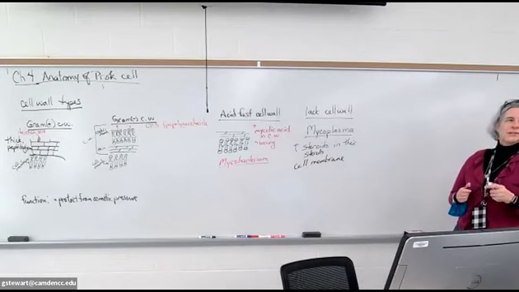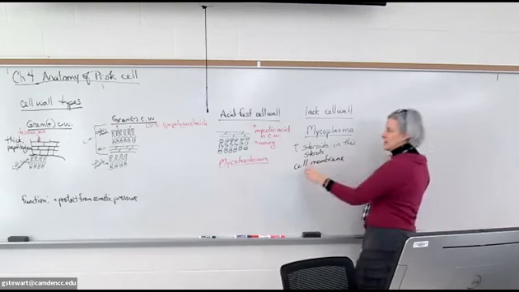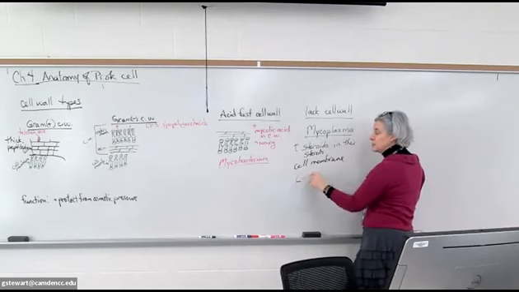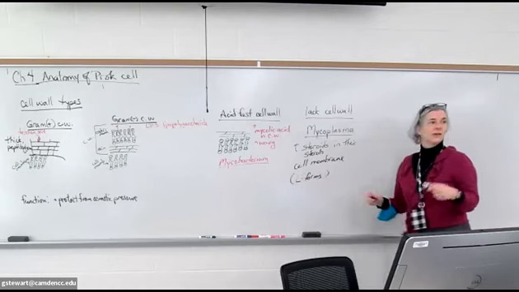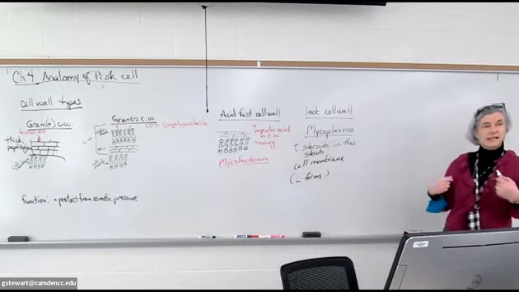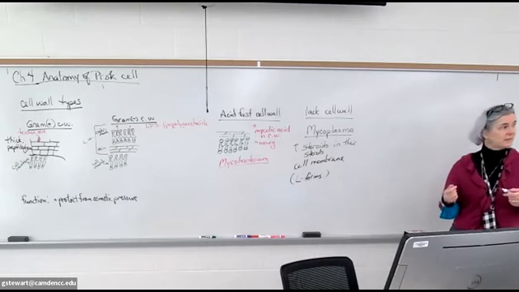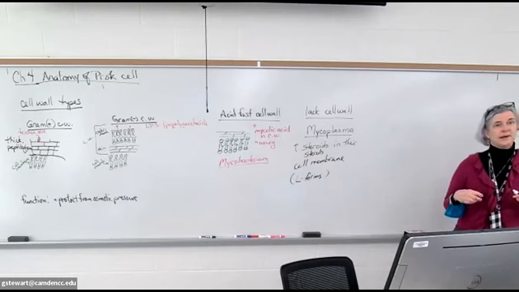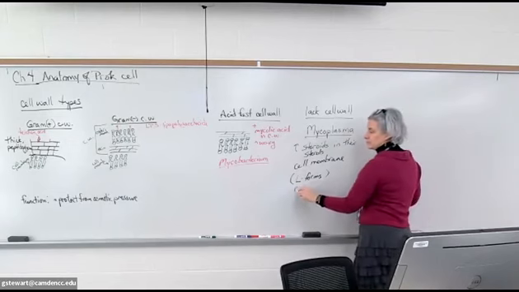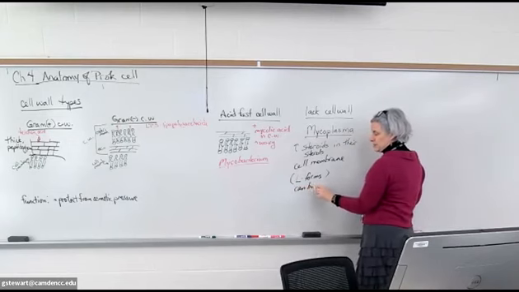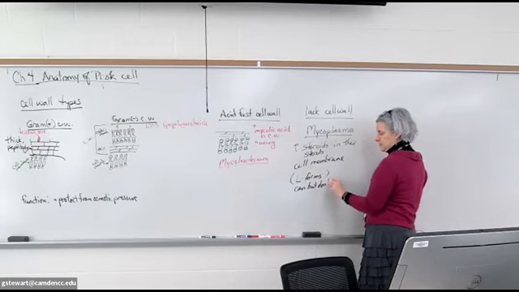I don't think your book mentions it anymore, but I'm going to just throw it on here. Sometimes bacteria lose their cell wall. They're called L forms. And that's a bacteria usually that is living inside of an organism symbiotically and doesn't bother to make the cell wall anymore. I'm going to put can, but don't, produce cell wall.